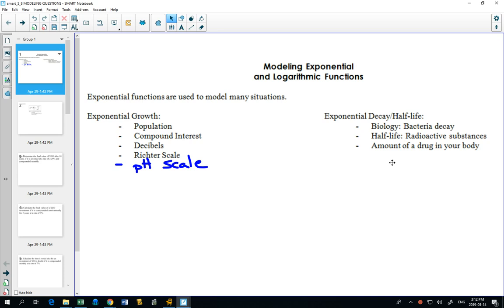And in that time that they gave you, your body gets rid of half of the drug. So you take 1,000 milligrams of Tylenol, the Tylenol starts to work, and your headache's not so bad. But 4 hours later, your body has used up half of that Tylenol, and now there's 500 milligrams still in your body.